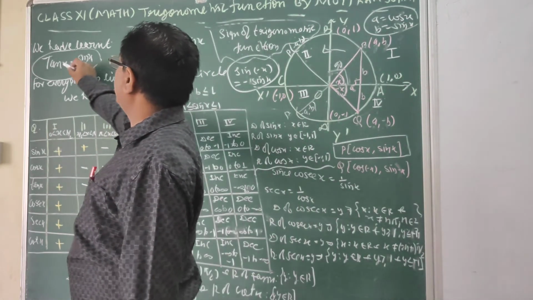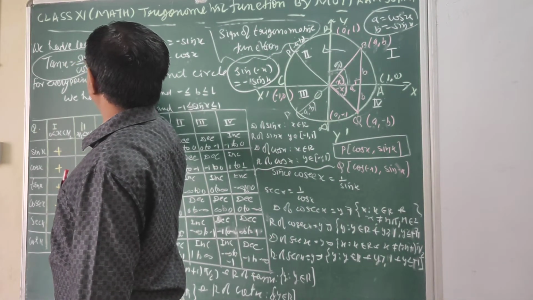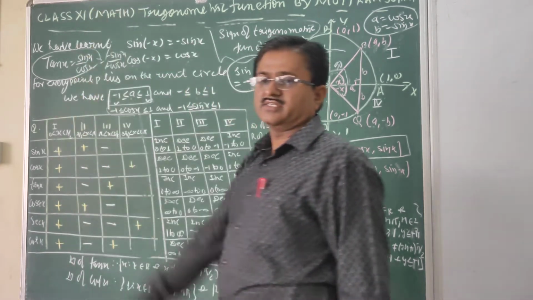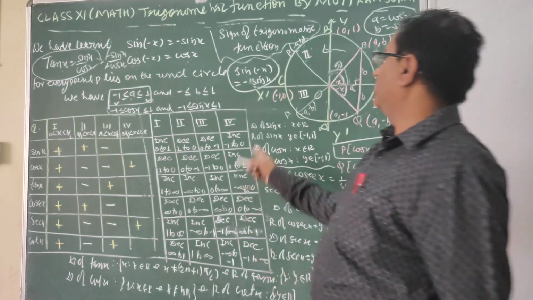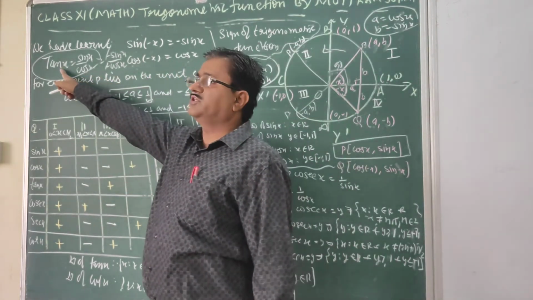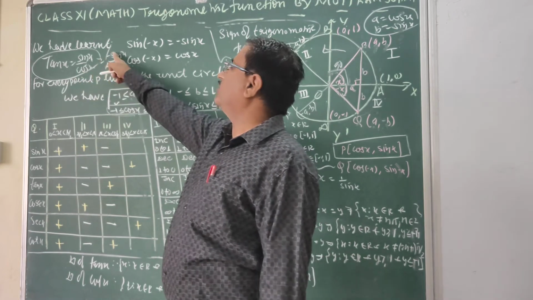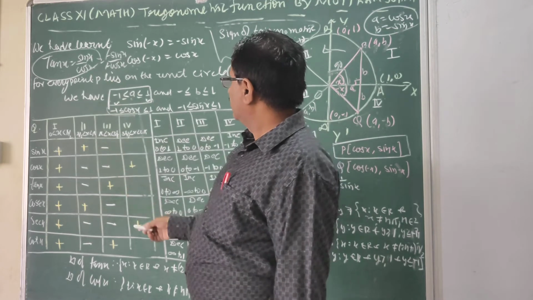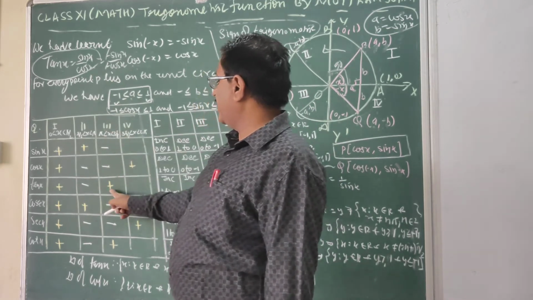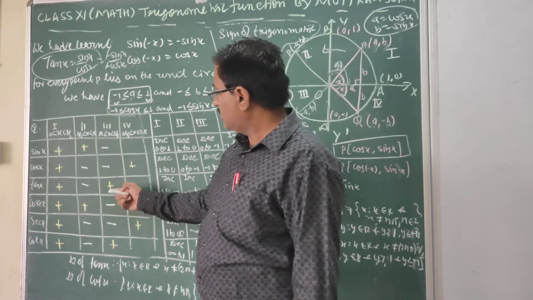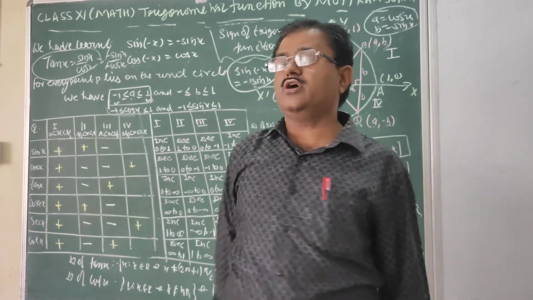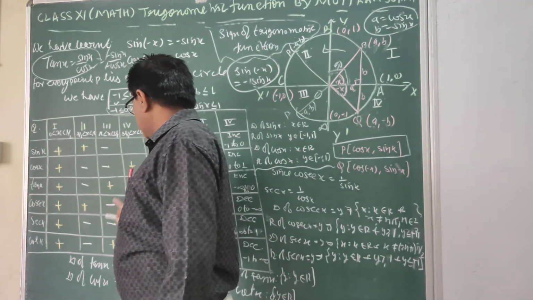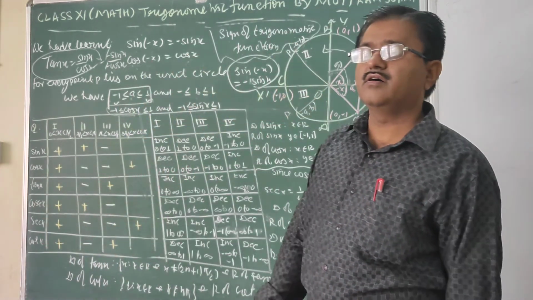But here see, tan x is minus sin x upon minus cos x, that is plus. So tan x will be positive. In the third quadrant, tan x is positive because we know that negative divided by negative we get positive. Correct? So here in the third quadrant tan x is positive. If tan x is positive, then the reciprocal of tan is also positive. So we can say that in the third quadrant tan x and cot x are positive.